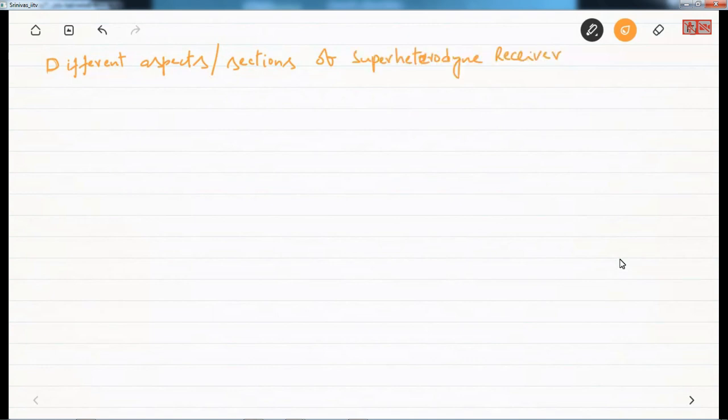So if you go and see the block diagram we have drawn of the superheterodyne receiver, you will see the first block is the RF stage, right?